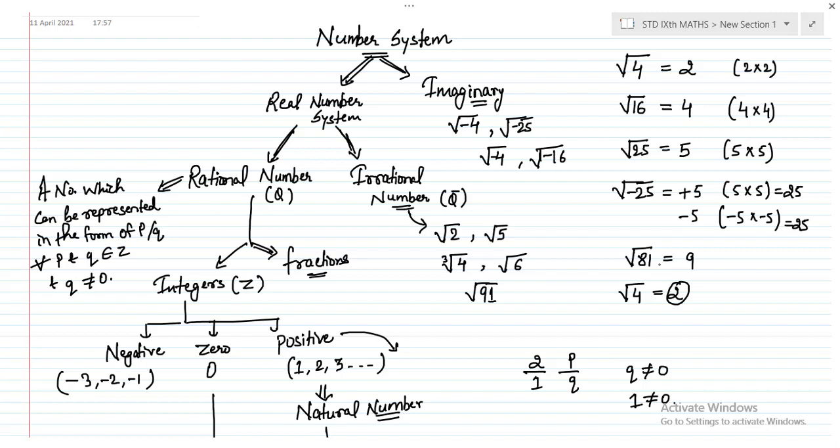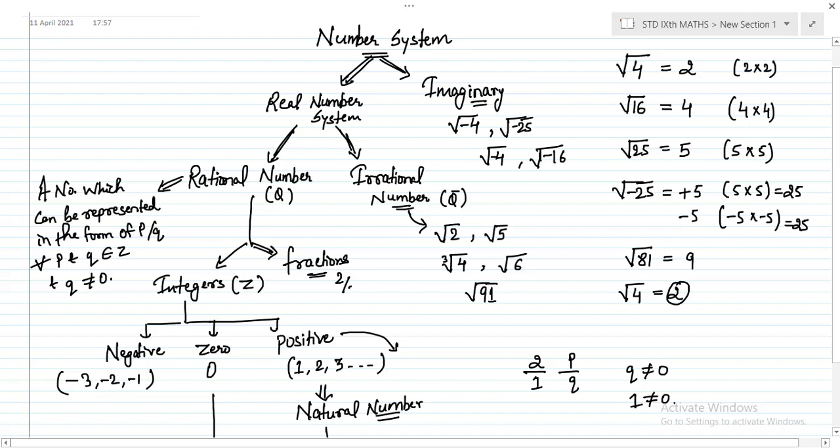Now, this rational number is further categorized as integers, or it can be fractions like, for example, 2 upon 3, 4 upon 5. These are examples of fractions, or we call them non-integral rationals.